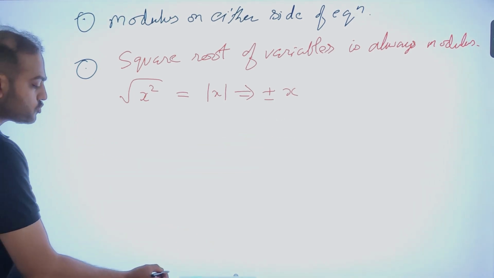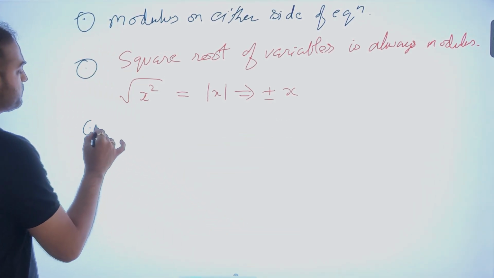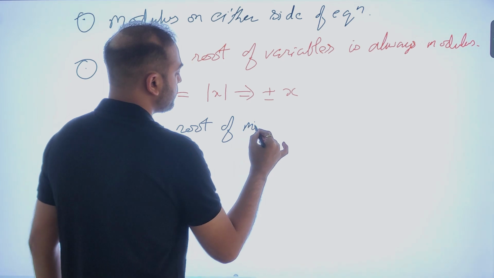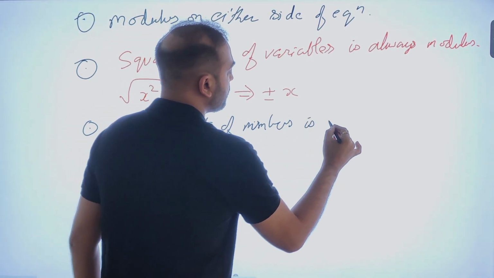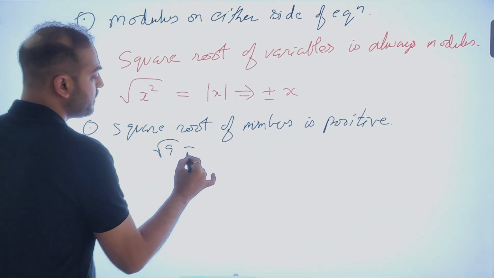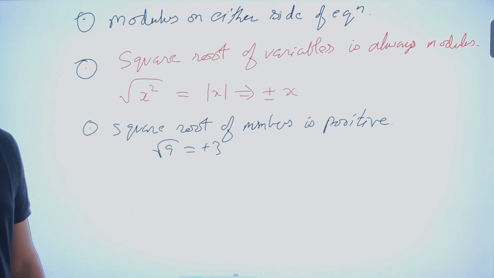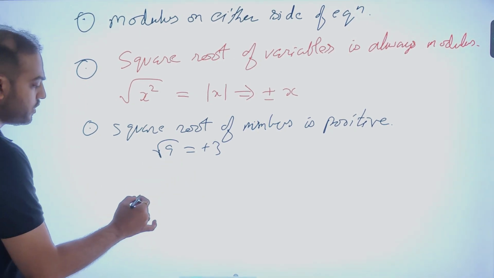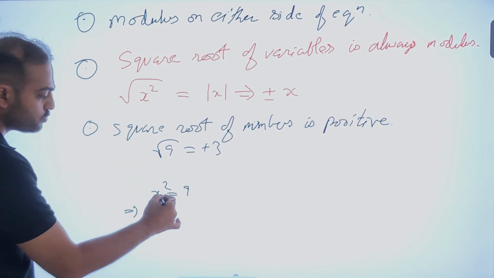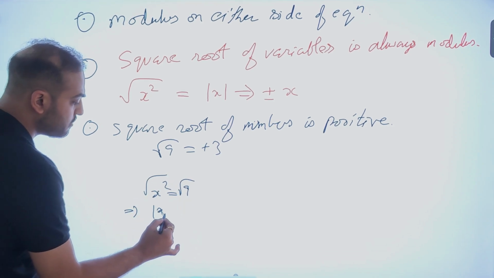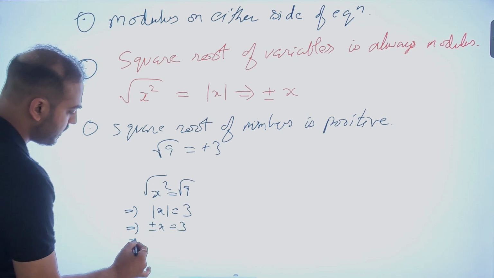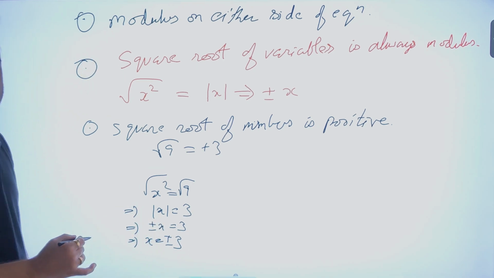Whereas square root of numbers is always positive. What does this mean? Square root of 9 is plus 3. So if you get a question, x square is 9, what actually happens is, when you do square root, this becomes modulus x is 3, modulus x is actually plus minus x, and then the plus minus goes there and becomes plus minus 3.